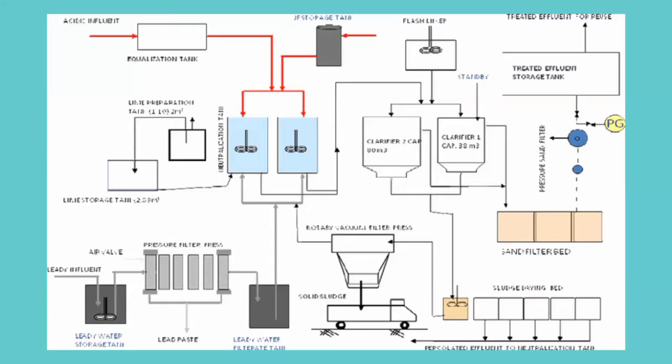Next slide, please. ETP has been designed to provide chemical process, which involves all important units such as equalization tank, neutralization tank, clarifier, pressure sand filters, rotary vacuum filter, etc. A diagram is shown here.